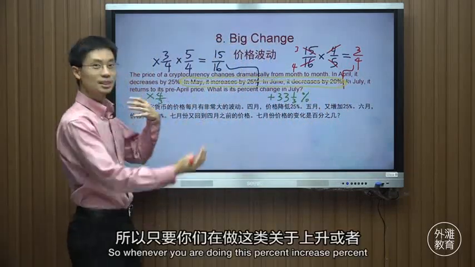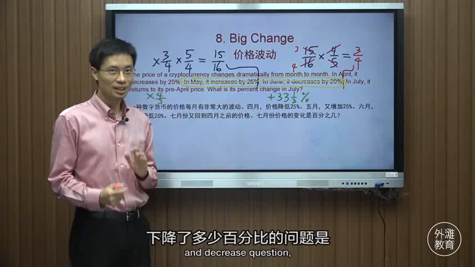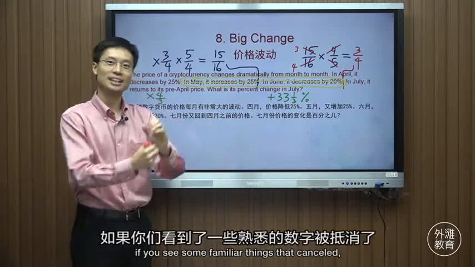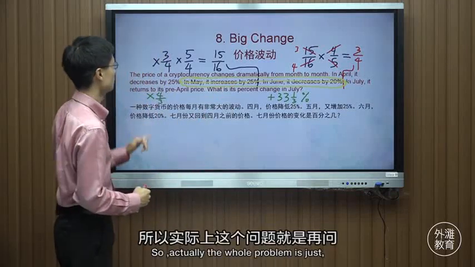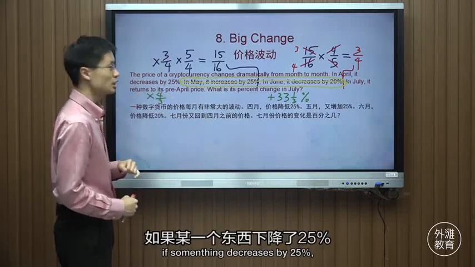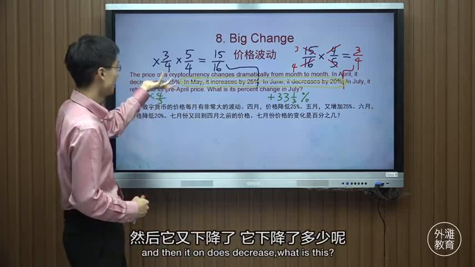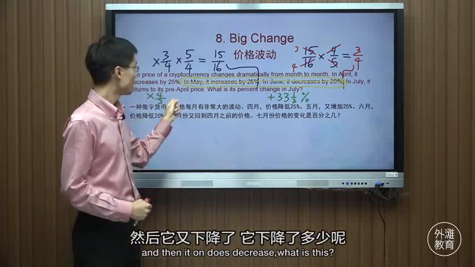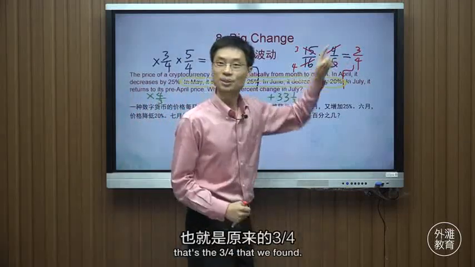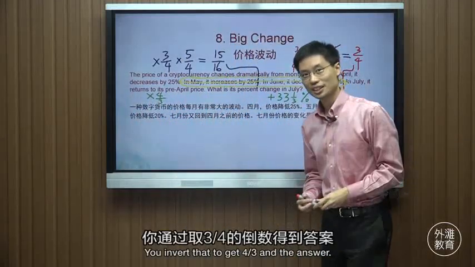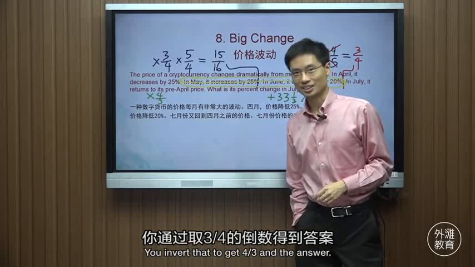So whenever you're doing these percent increase, percent decrease questions, if you see some familiar things that cancel, it's nice to get rid of them right away. So actually the whole problem is just if something decreased by 25% and then it undoes the decrease, what is this? Well, that's easy. Decreased by 25%, that's the 3/4 that we found. You invert that to get the 4/3 and the answer.